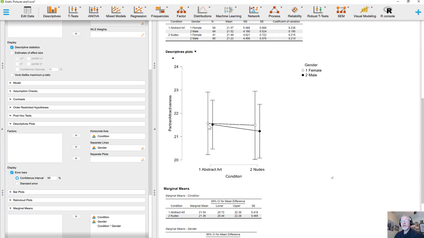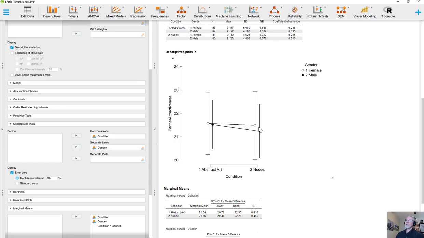And what we see is there's a lot of error. So the true mean for females could be anywhere around here. The true mean for males could be anywhere between here. There's a 95% chance that it's somewhere in between there. Same thing over here. You have a lot of sampling error. So those true means could be in a lot of places.